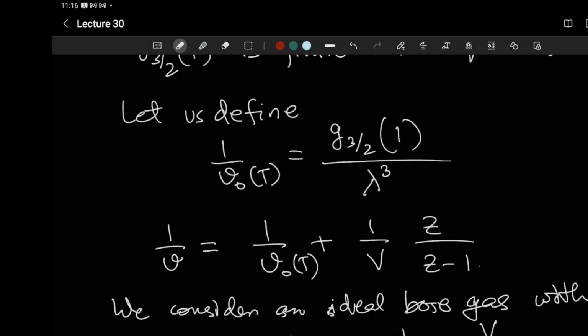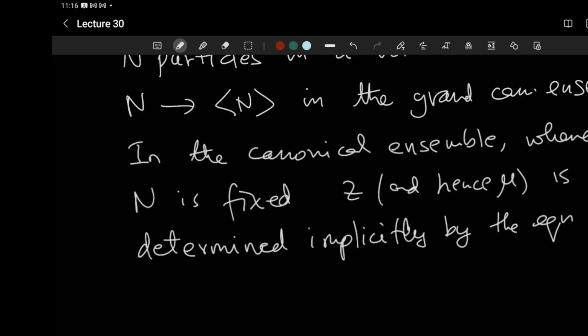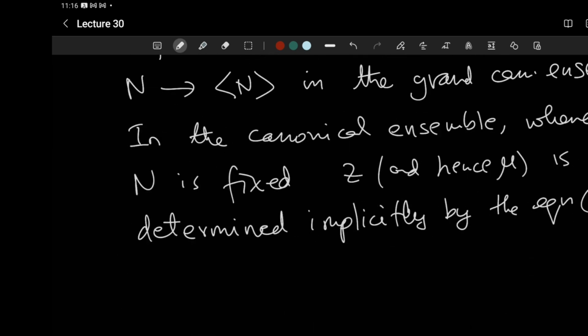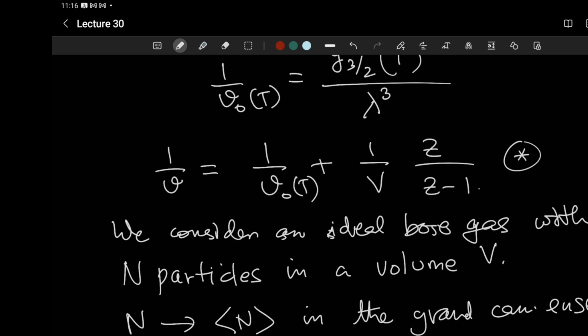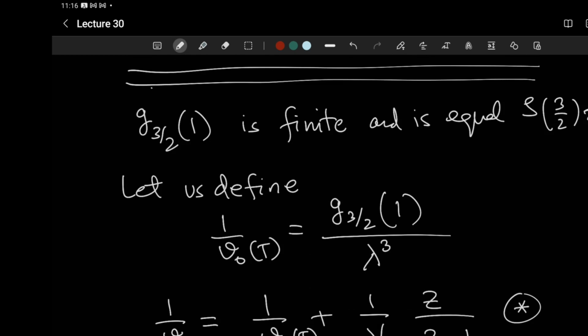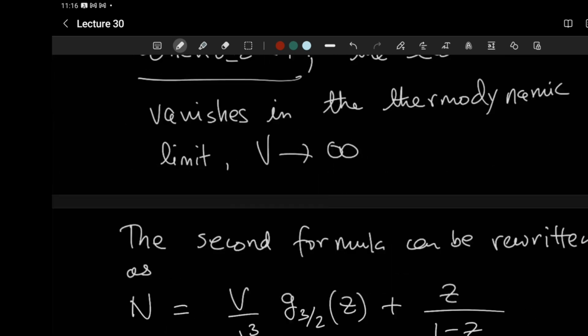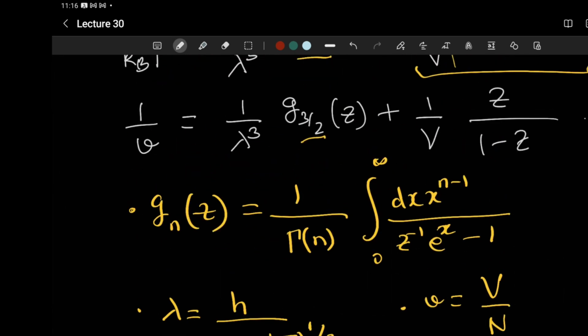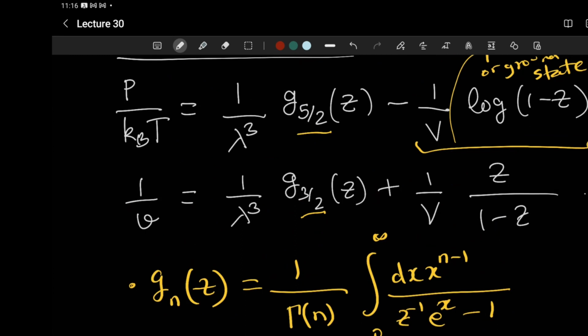We'll give it a number, maybe this is star. Nobody said anything, I just messed up somewhere. Did I mess up? Yes, I did. This is not the equation, right? There's a factor of G3 half of z by G3 half of 1.